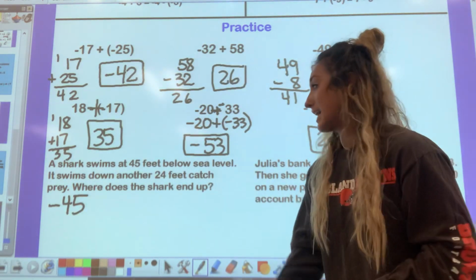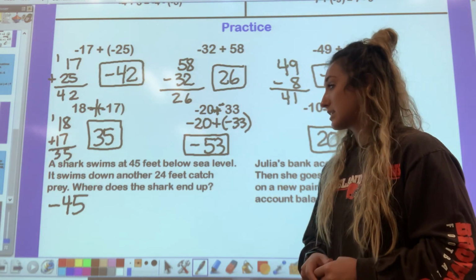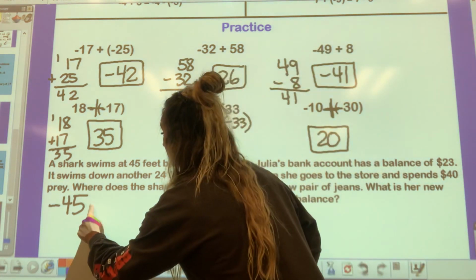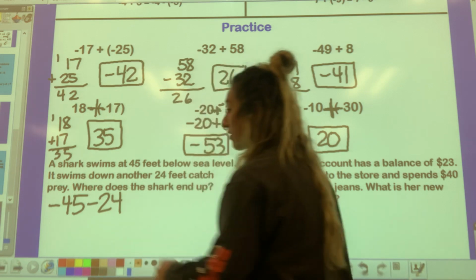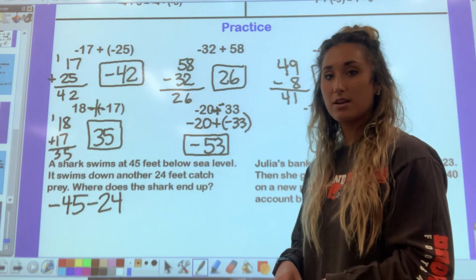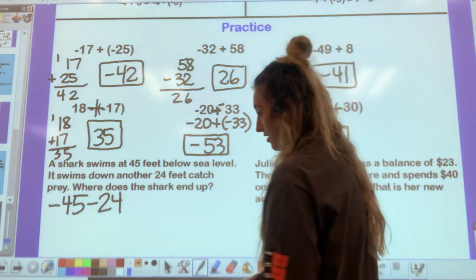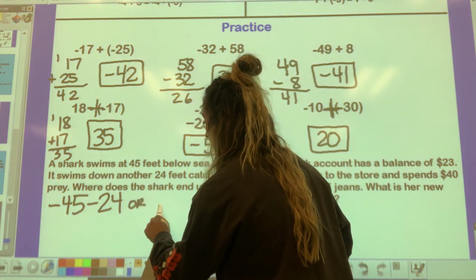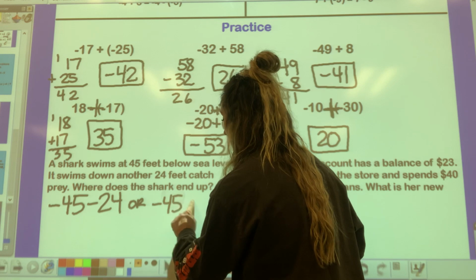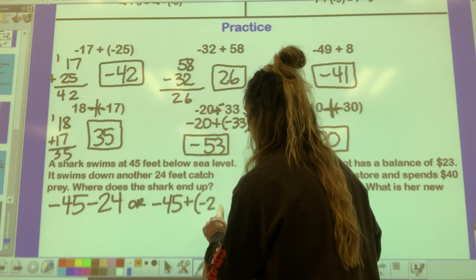And then it swims down another 24 feet. So that means we either are subtracting 24 from its original starting point, or we could also consider that, remember, as adding negative 24. So we could also represent it as negative 45 plus negative 24.